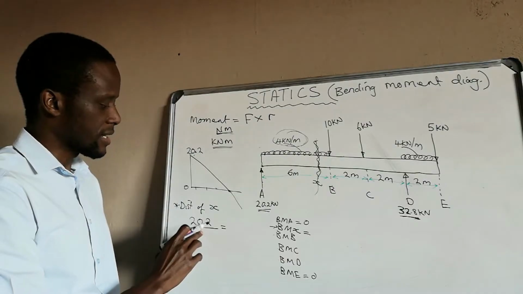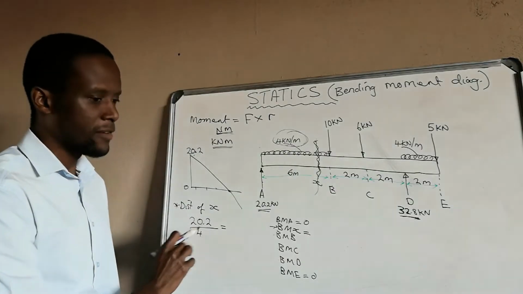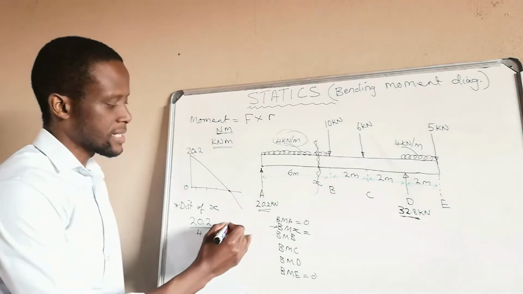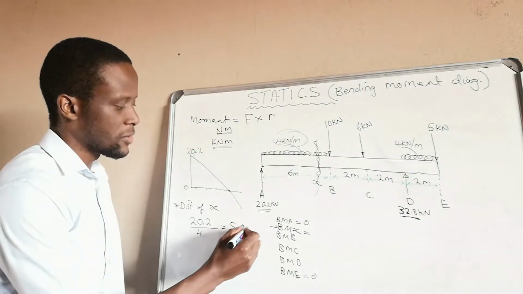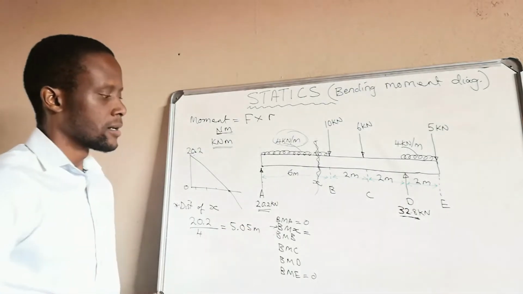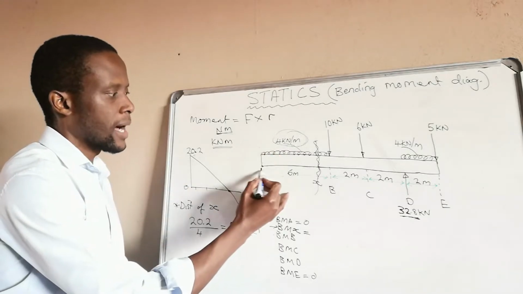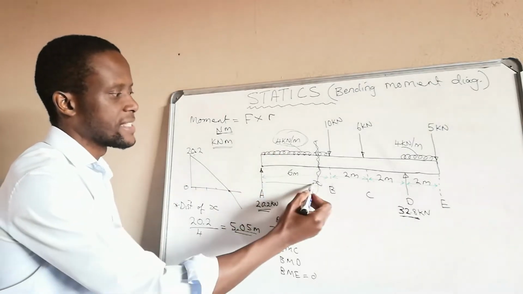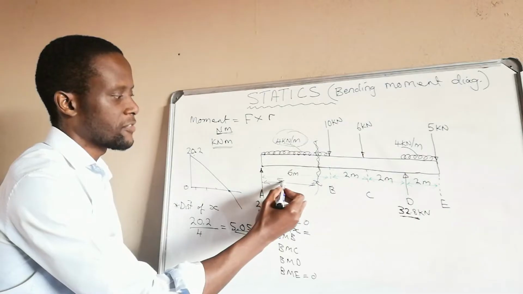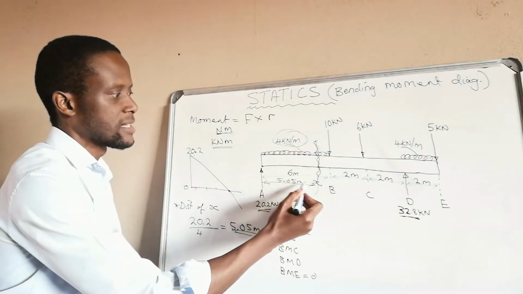So 20,2 divided by 4 gives us the distance as 5,05 meters. The distance from that point up until our point X is 5,05 meters.